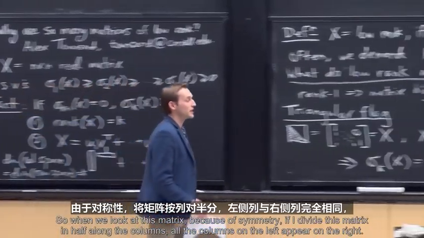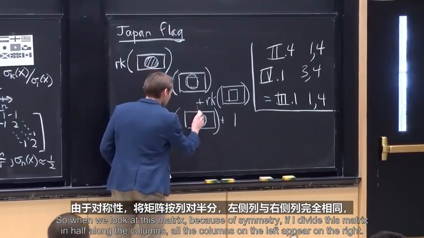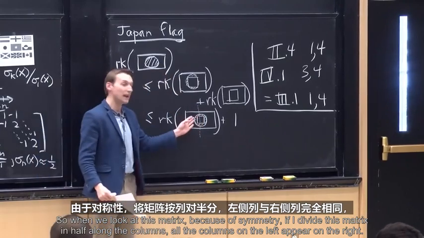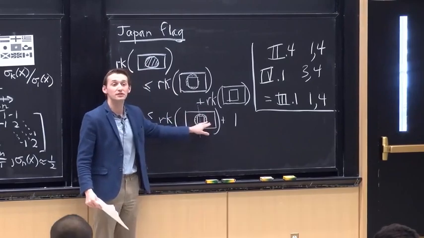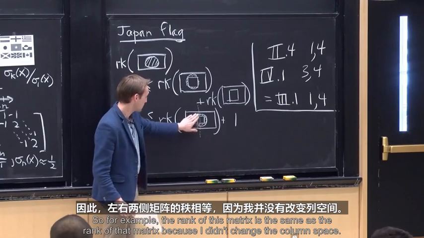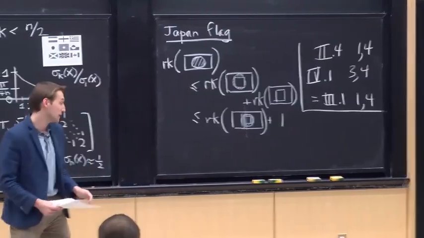So when we look at this matrix, because of symmetry, if I divide this matrix in half along the columns, all the columns on the left appear on the right. So the rank of this matrix is the same as the rank of that matrix because I didn't change the column space.